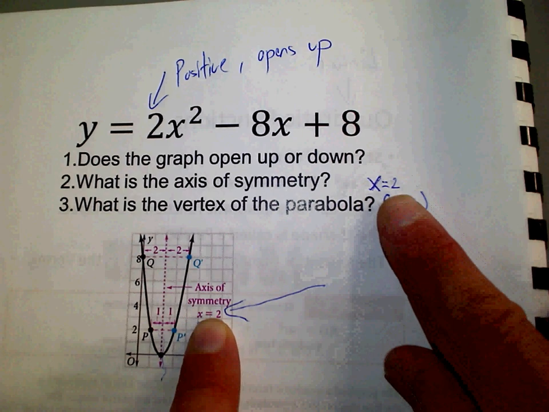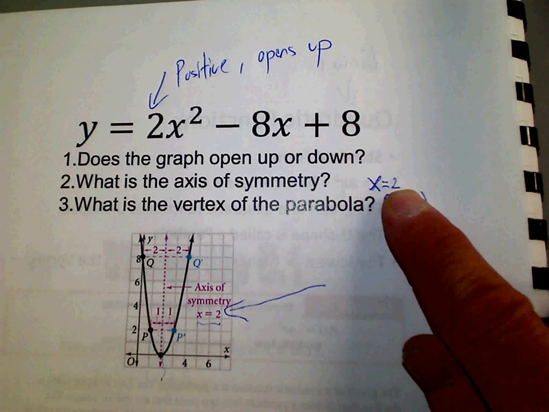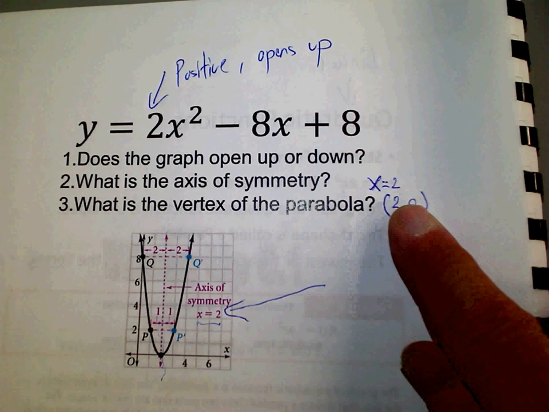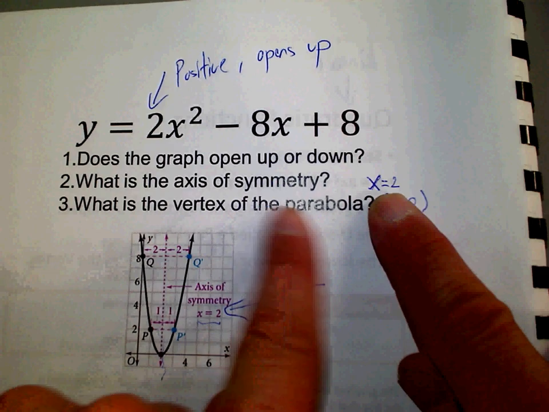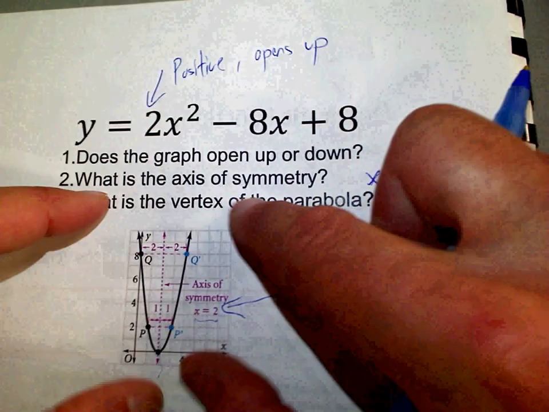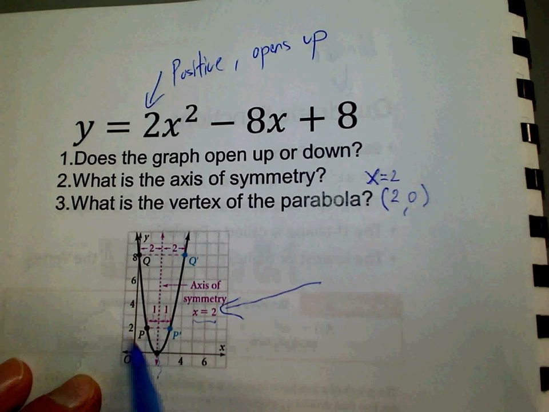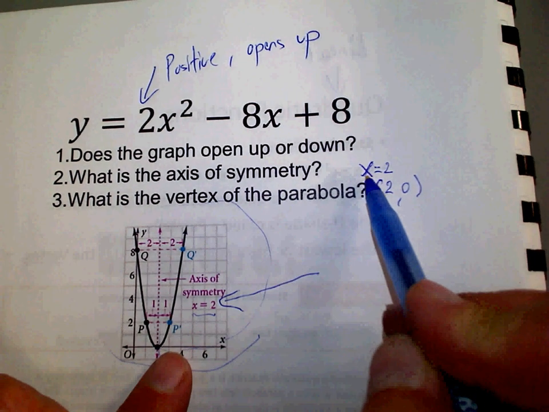Okay. What is the vertex of the parabola? 2, 0. Very good. So label these, answer these questions there in your book. These are test questions. You'll have to do that exact thing. Understand, this is about understanding when you're looking at a parabola, knowing its parts, knowing its anatomy.